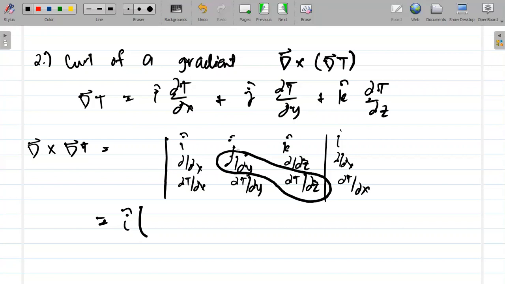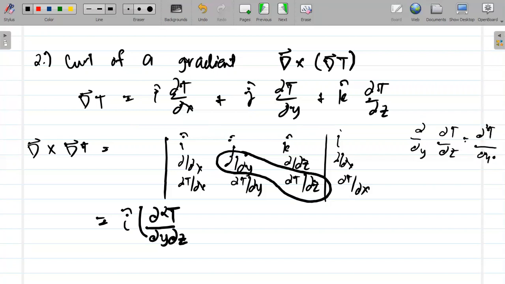Ano yan? Anyone? Wala? Sige. Ito ay partial squared T over partial y partial z. So, yan siya. Yan lang siya, class. Tapos, minus itong kabila naman.